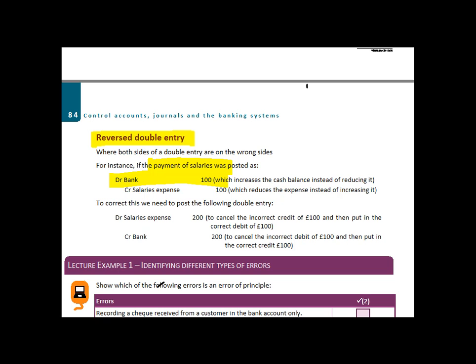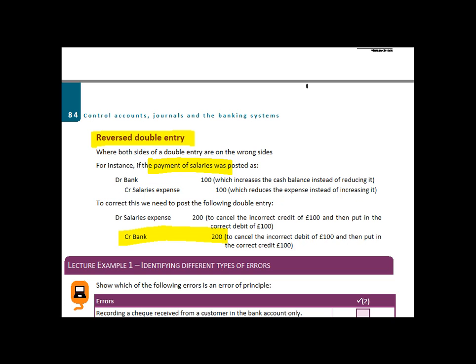And if we've added 100 when we should have reduced it by 100, it'll be out by a total of 200. So I think I need to credit the bank by a total of 200 in this example, which you can perhaps imagine is going to cancel out the original incorrect debit they made and then put in the correct credit they should have done in the first place. So I need to credit bank by double the amount of the original posting.